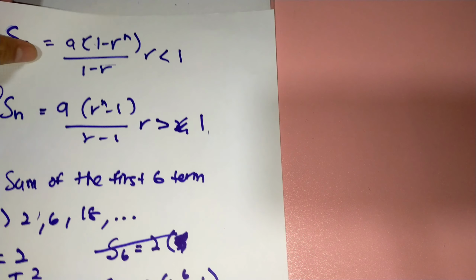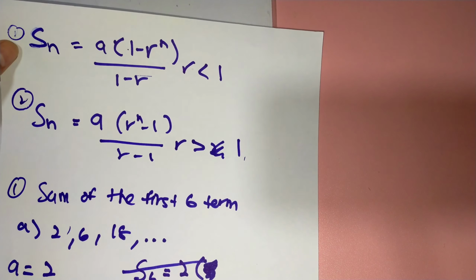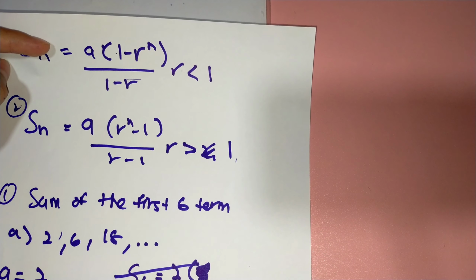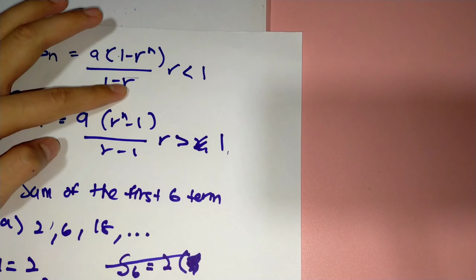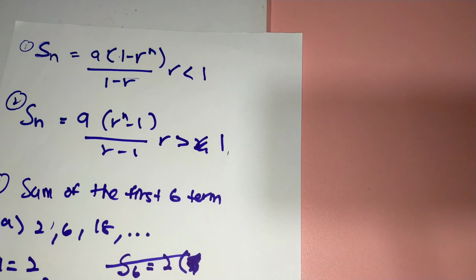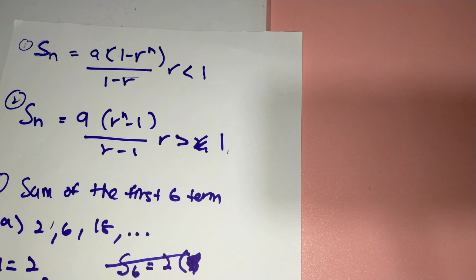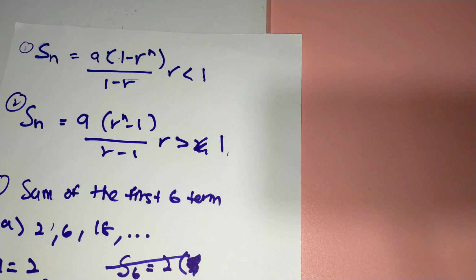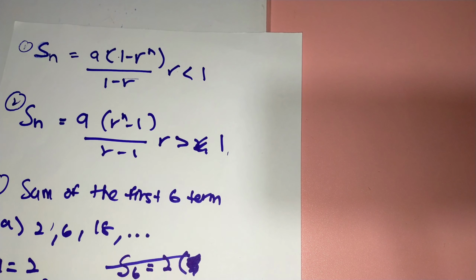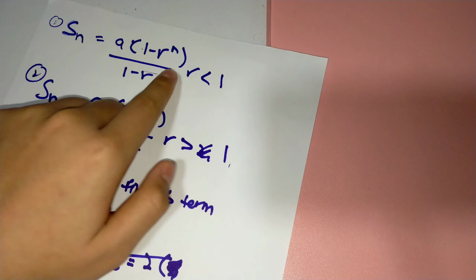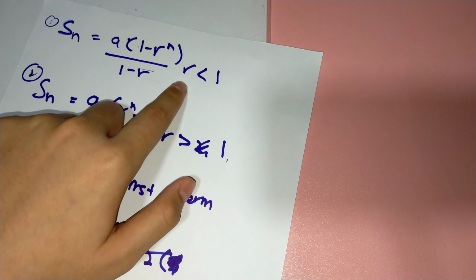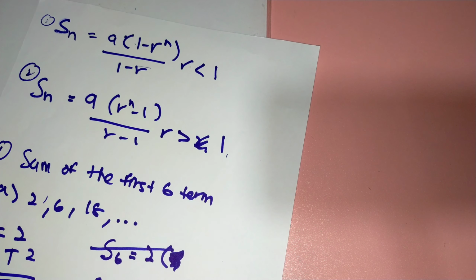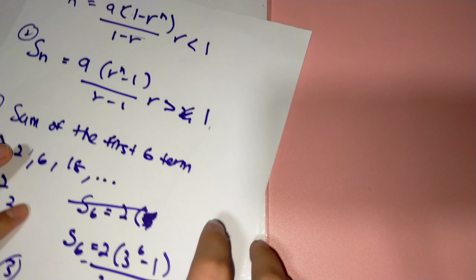We must know them: Sn equals a(1 minus r^n) over 1 minus r, and Sn equals a(r^n minus 1) over r minus 1. You must know which formula to use, based on whether R is greater than 1 or lower than 1. So that's all from me.